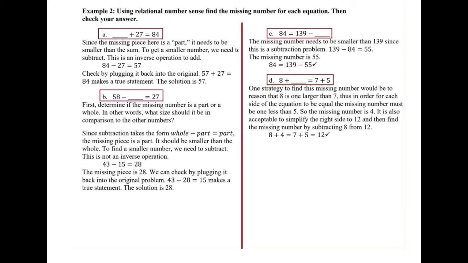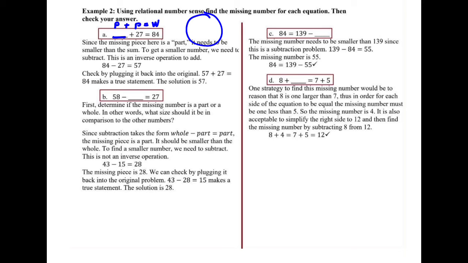Okay, let's take a look at these. Example 2A, we're finding the missing number in each equation and then checking it. On A, what number add 27 equals 84? This is part plus part equals whole. If we're given the whole and one of the parts, we need to subtract to figure out the other part, right?